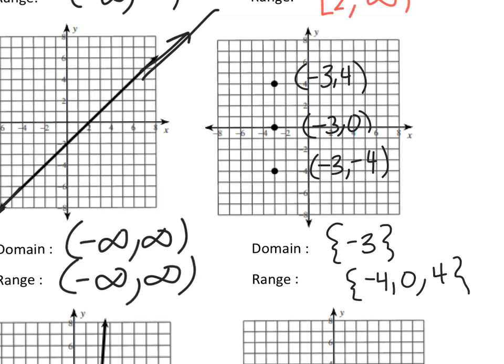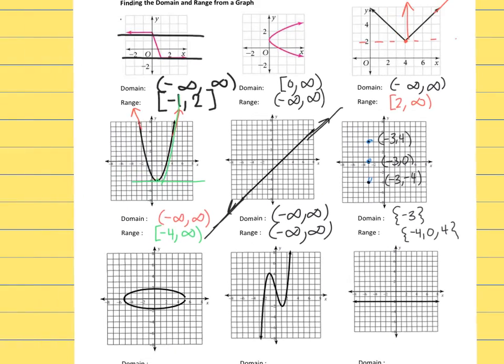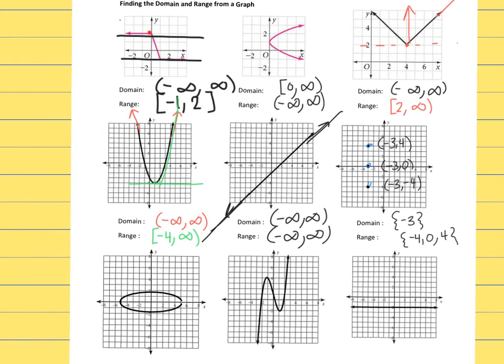Because remember, you want to list the range and domain in order from least to greatest. So this has nothing with infinity because these are just ordered pairs. Over here, these other functions are sets or relationships of infinite ordered pairs. So that's why we had to use interval notation.